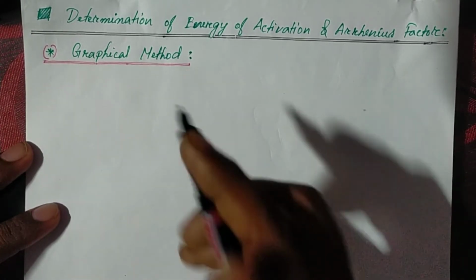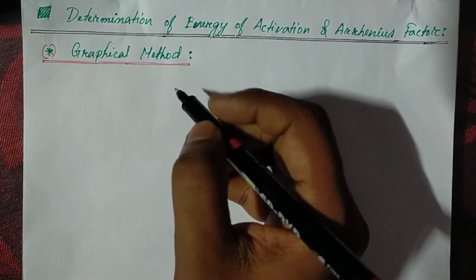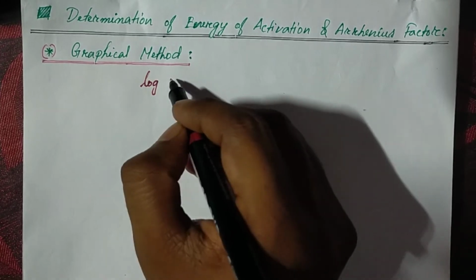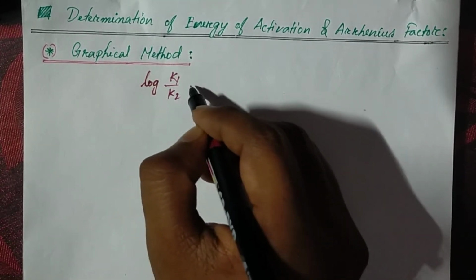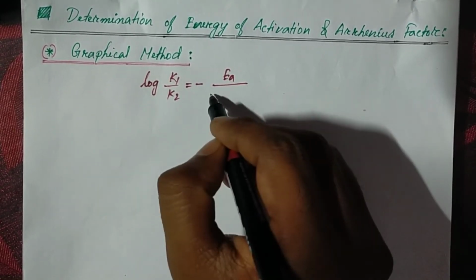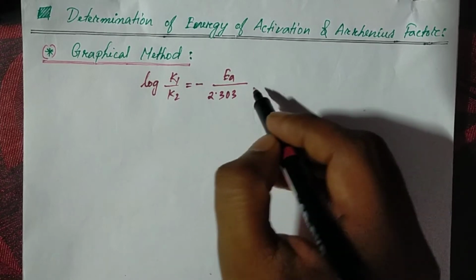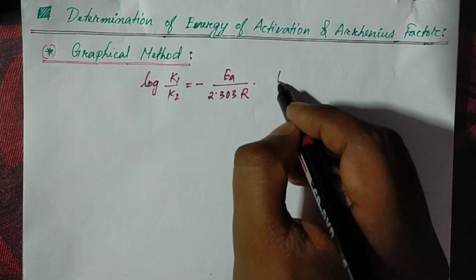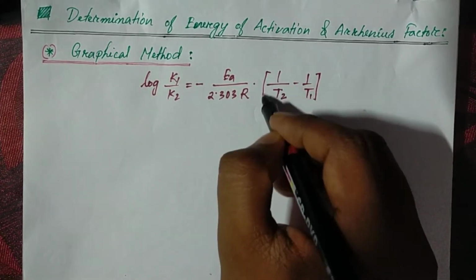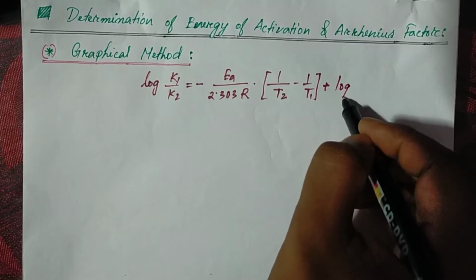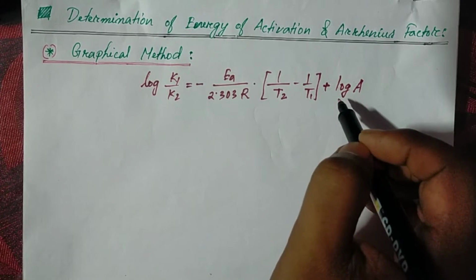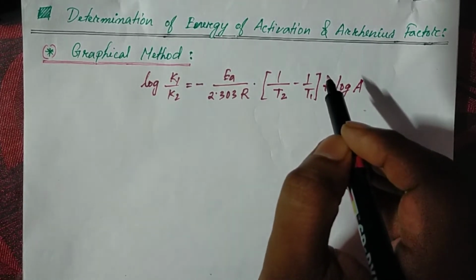So first of all, we have to write the Arrhenius equation, which is log k1 by k2 is equal to minus EA by 2.303 R into T2 minus T1, plus log A. You can see that this is a little different from the previous equation.